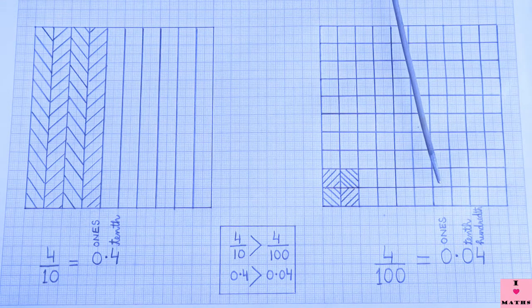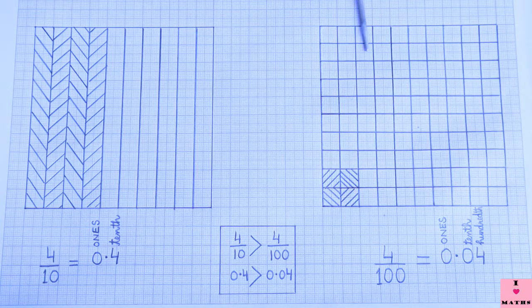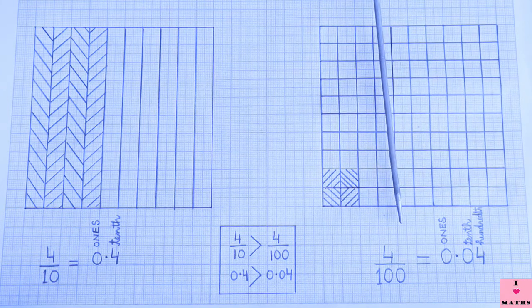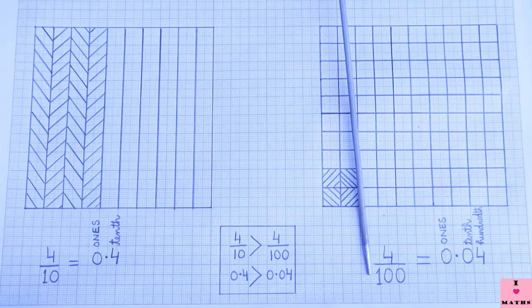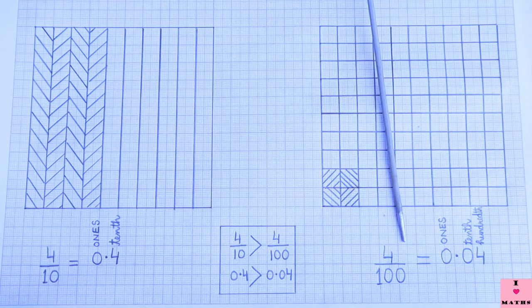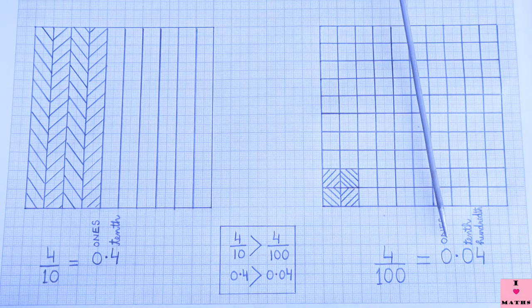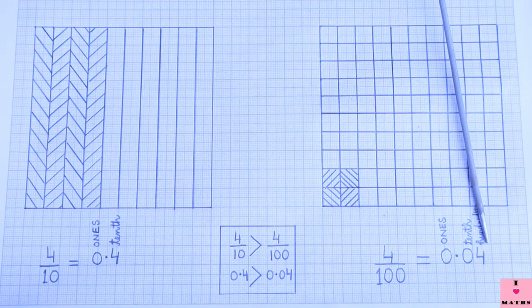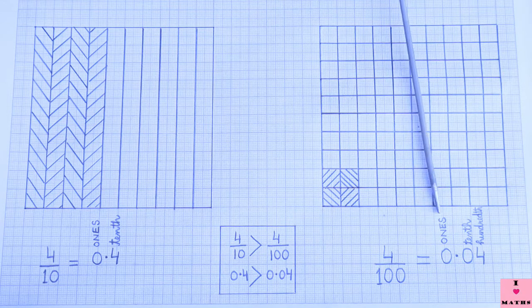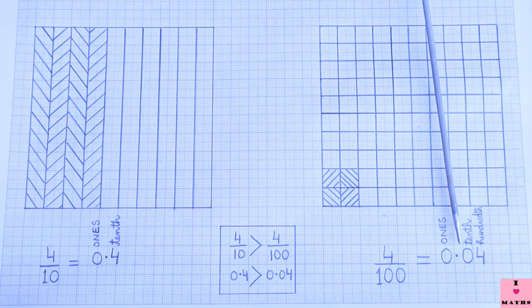Here 4 parts have been shaded out of the 100 equal parts. So the fraction for this is 4 upon 100, and the decimal equivalent is 0.04. Here this 0 is at ones place, and after the decimal we have the fractional part.